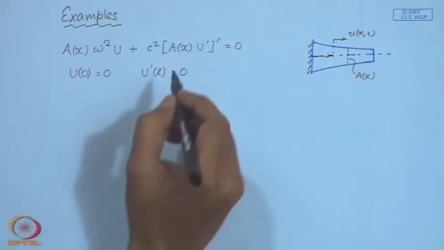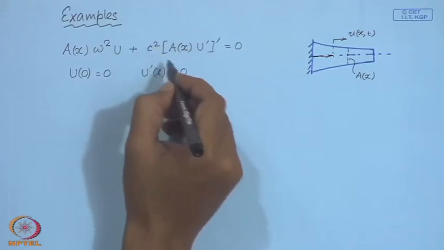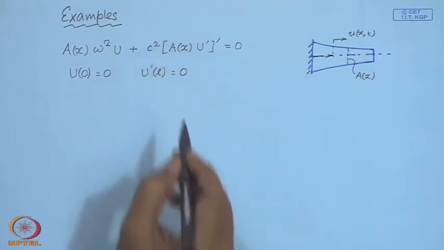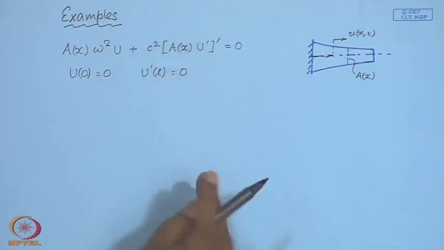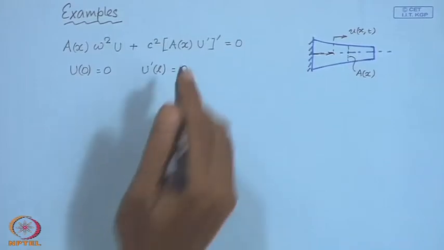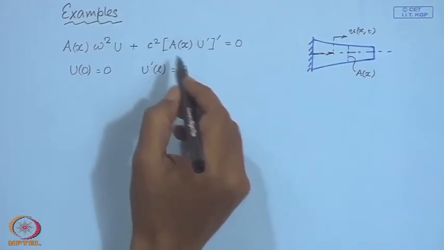Now, let us check that this stiffness operator that we have here is really self-adjoint.